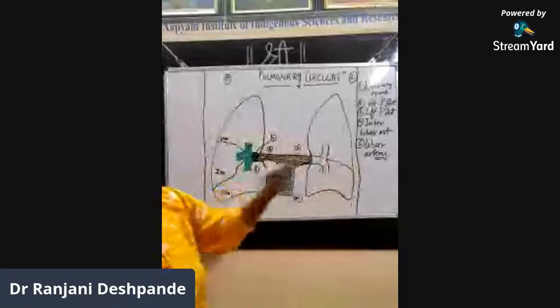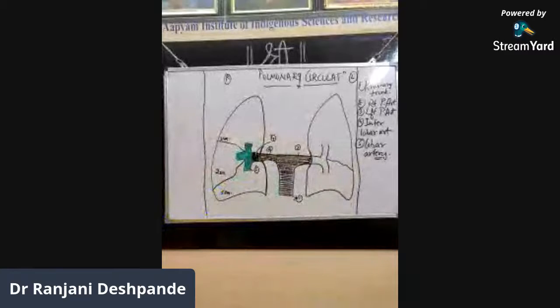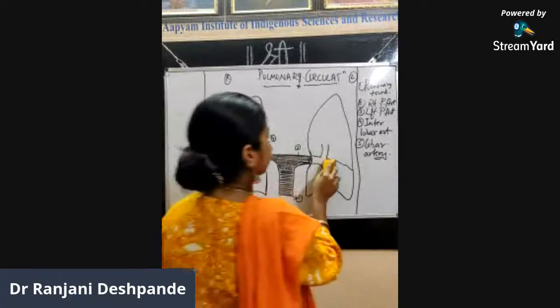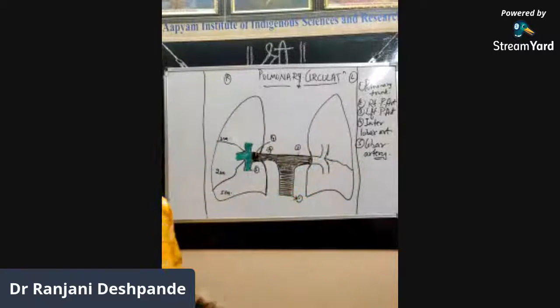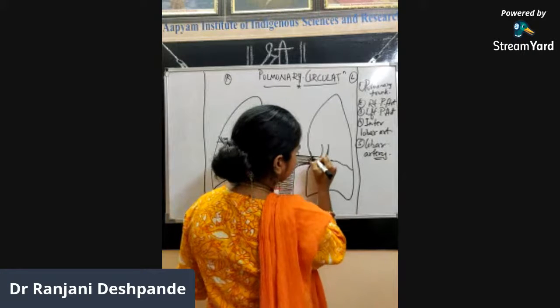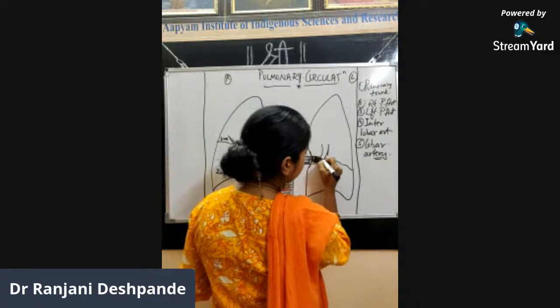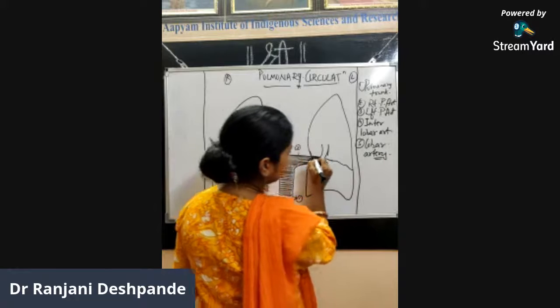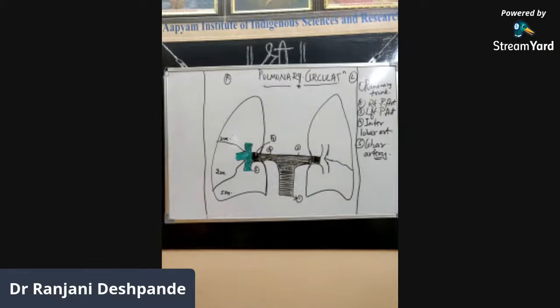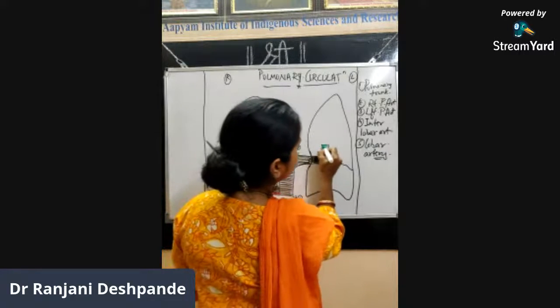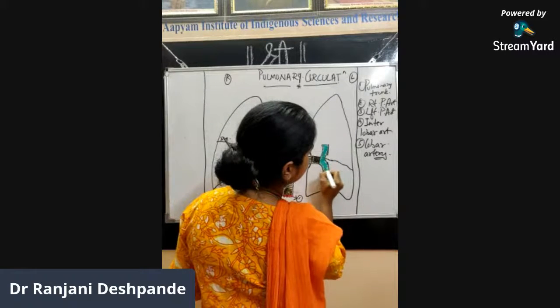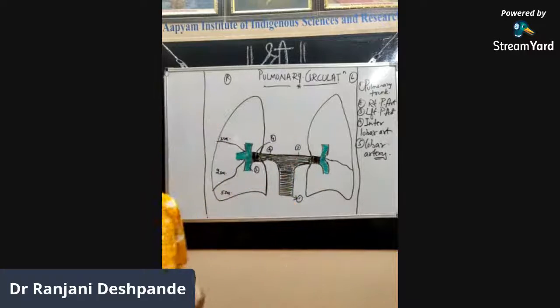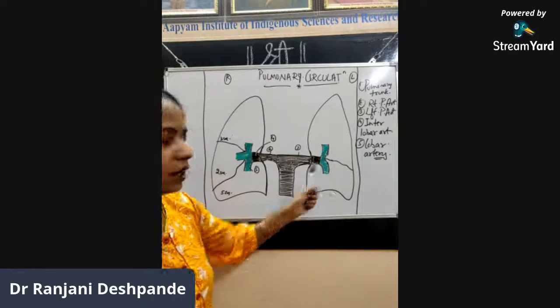That is why it will give only 2 branches. So until here we have the interlobar artery. Okay, and further continuation, this is nothing but the left lobar artery.